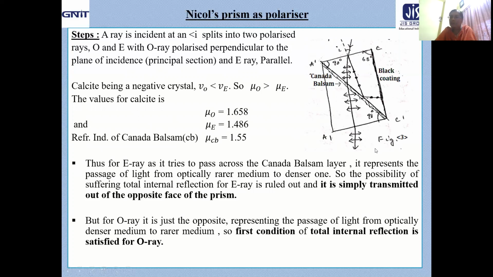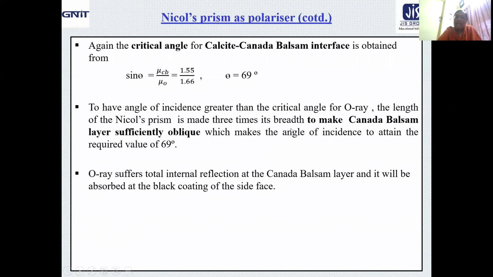So let us move to that part: the length of the Nicol prism is made 3 times its breadth to make the Canada balsam layer sufficiently oblique, which makes the angle of incidence attain the required value of 69 degree.